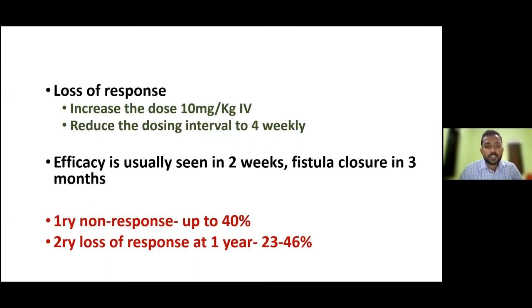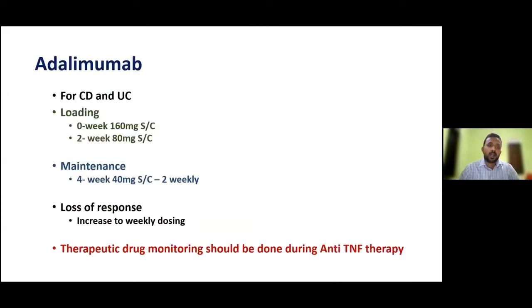Efficacy is usually seen in 2 weeks, and the median time for fistula closure is 3 months. But we should remember there may be primary non-responders, which could be as high as 40%, and there may be secondary loss of response after 1 year. Again, it can range from 23 to 46%.